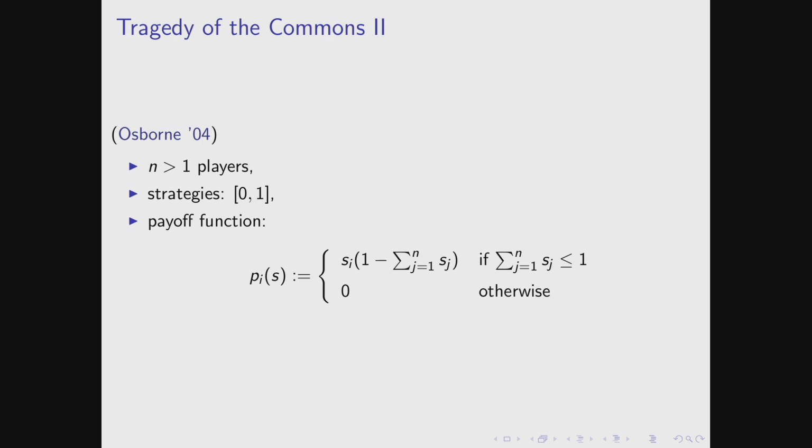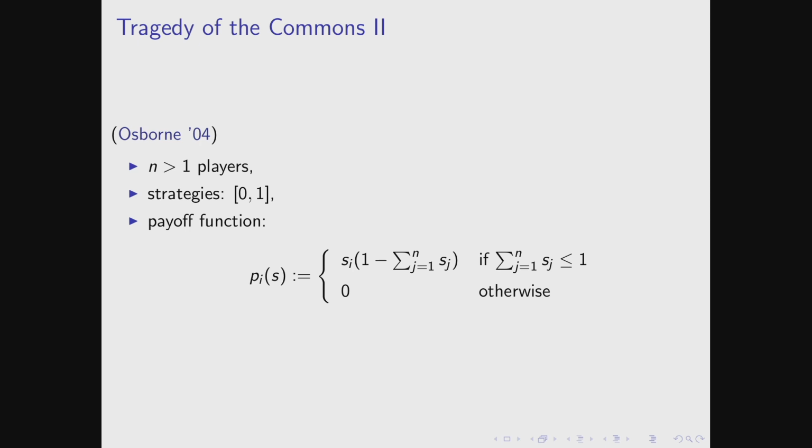So now, how to formalize this? We formalize it as follows. Strategies will be a number between 0 and 1, which is the percentage of the bandwidth of this internet you claim for yourself. And the payoff function is constructed in such a way that, if s_i is what you choose, your percentage, then intuitively you get better off if you claim more. However, you are negatively affected by what everybody claimed.